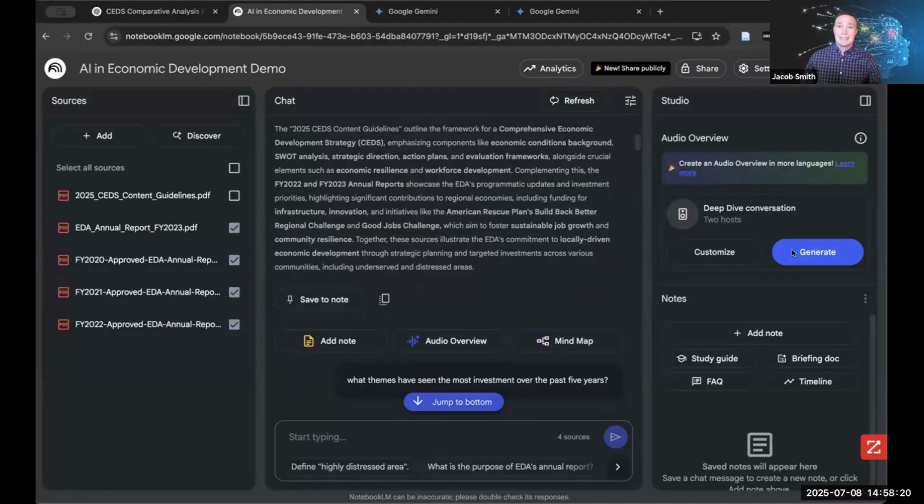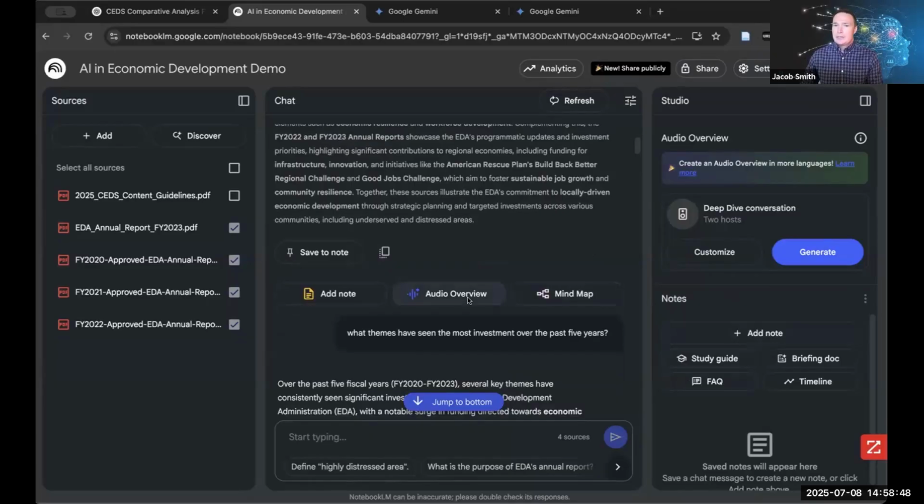You can do that. And when you create this audio summary, the other cool feature, which is in beta right now, is that you can stop the conversation and ask a question with your voice, and it will respond, incorporating it back into the podcast. So you can get real-time feedback on something you thought was interesting based on the original podcast.